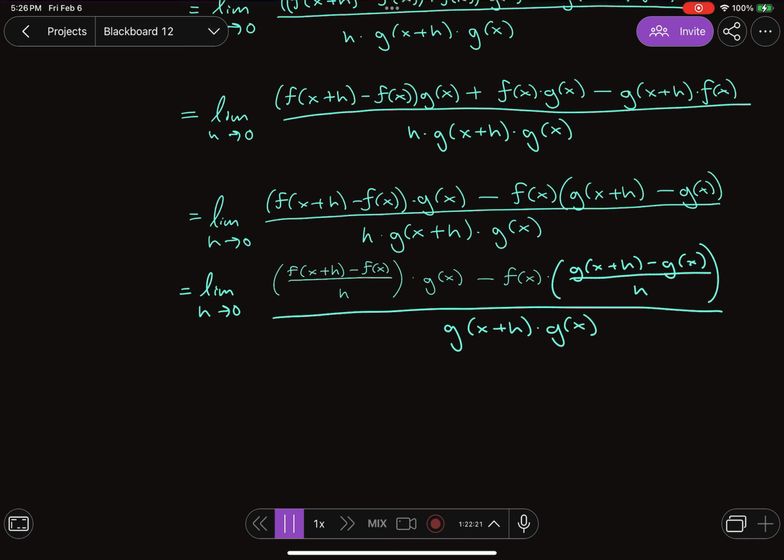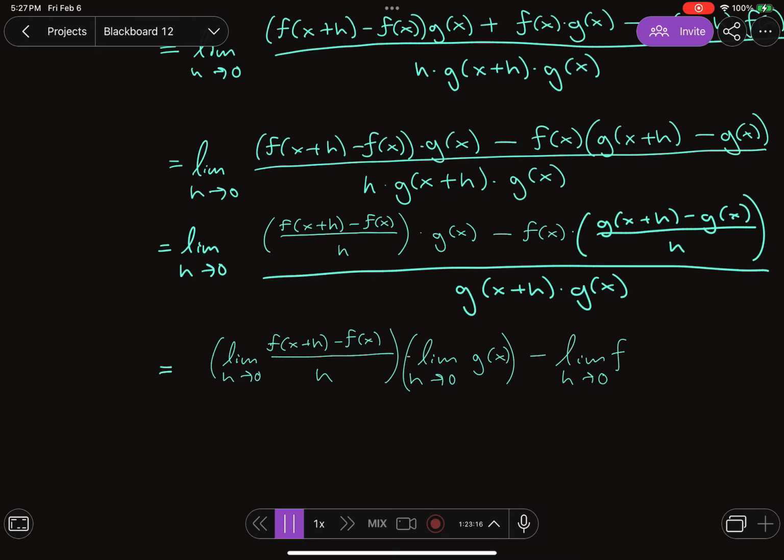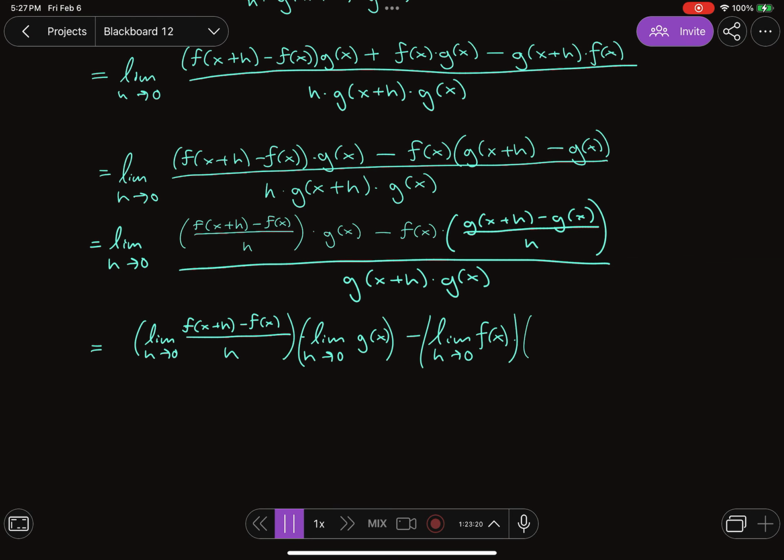Distributing this limit everywhere, what we have is the limit as h approaches 0 of f of x plus h minus f of x divided by h times the limit as h approaches 0 of g of x minus the limit as h approaches 0 of f of x times the limit as h approaches 0 of g of x plus h minus g of x, all divided by h.